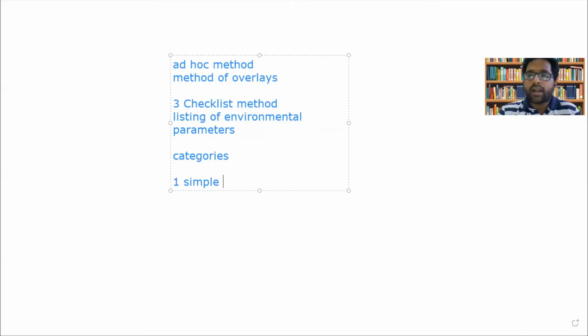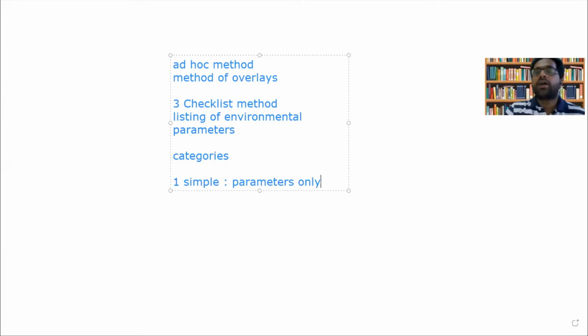So what is being done in this checklist method? Corresponding to what is the action happening, a listing of the environmental parameters is being done. And there are different categories in which this can be done. The first one being a simple one. What is being done in a simple one? In simple one, just listing of the parameters is done.